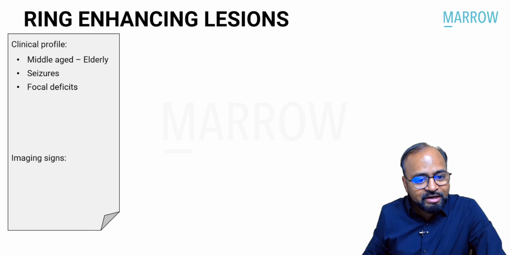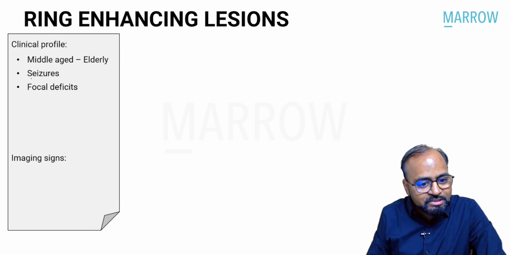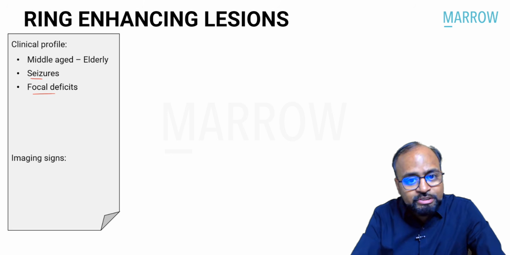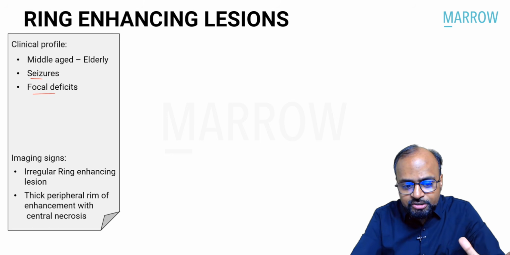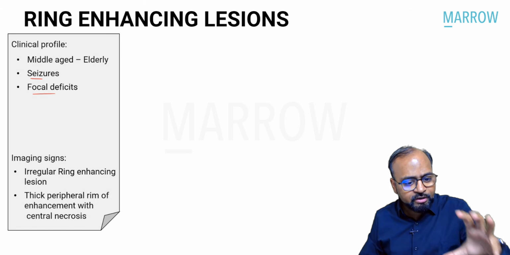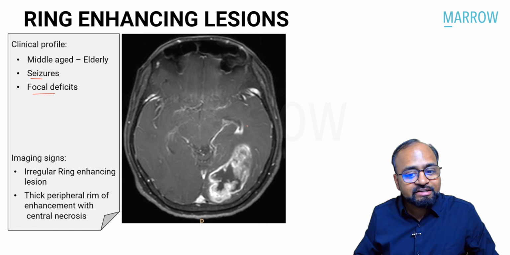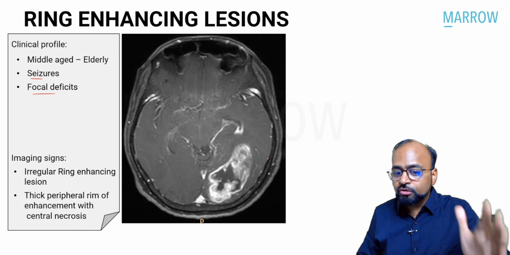Now, you see a middle-aged or an elderly patient who presents with seizures, focal deficits, no signs of infection here. There is a very irregular appearing ring enhancing lesion which shows a thick peripheral rim of enhancement with central necrosis. So, no signs of infection, no fever.